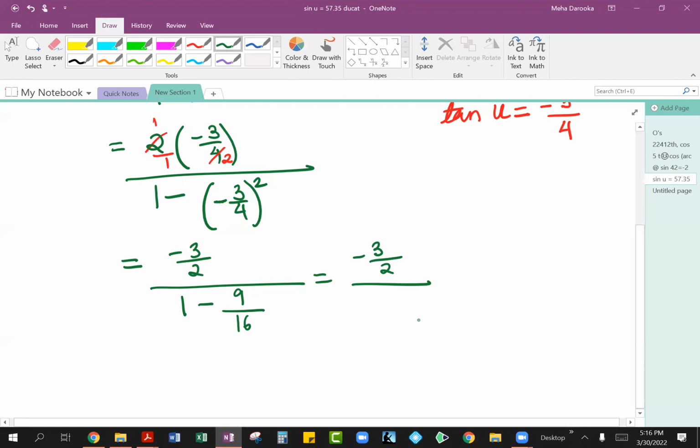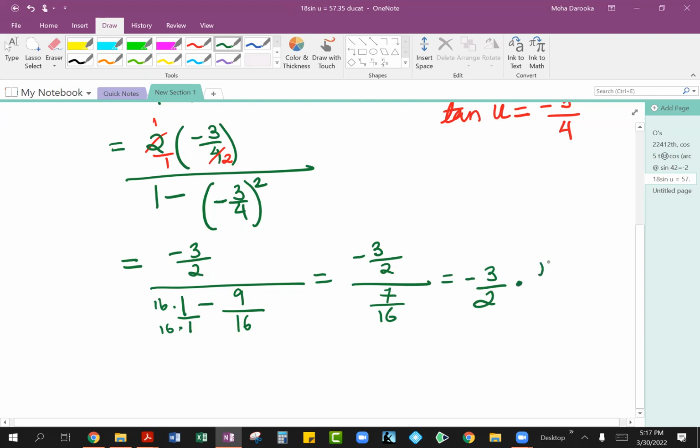And again, you should be able to throw that into a calculator or use algebra, like find a common denominator. So multiply this guy by 16. Andrew, again, very nice. Yeah. So you will end up with 16 minus 9, which gives you 7 over 16, which again, keep the numerator the same.